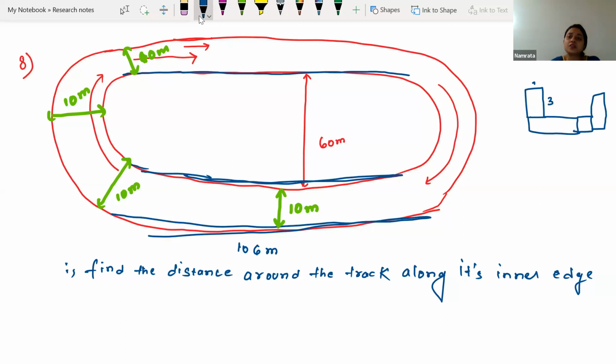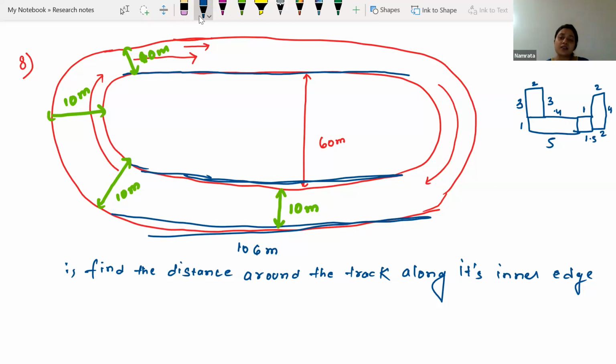This is 3 centimeter, this is 2 centimeter, this is again 3, this is 1, this is 5, this is let's say 1.5, this is 2, here we have 4, here let's say 2, here 1, here 4. So we have to find the perimeter of this shape, the total distance. This type of perimeter structure, have you done how to find the perimeter?